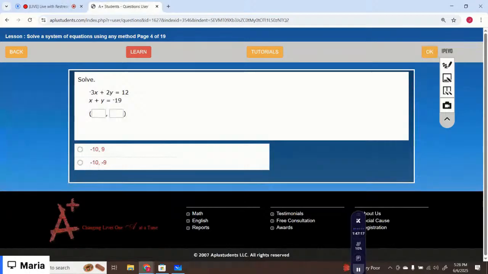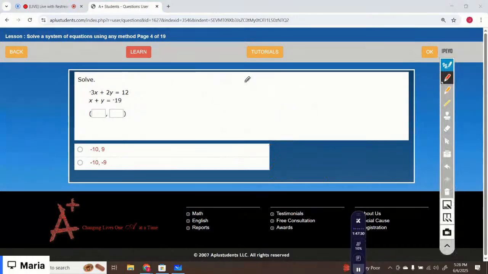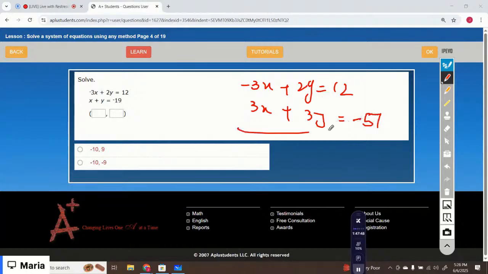Negative 3x plus 2y equals 12 and x plus y equals negative 19. So multiply equation 2 by 3 and then add the equations. That is 3x plus 3y equals negative 57.